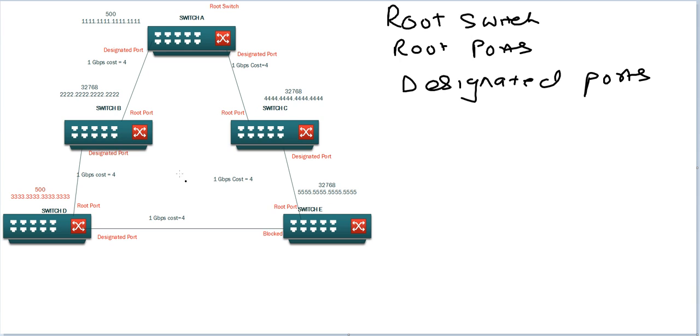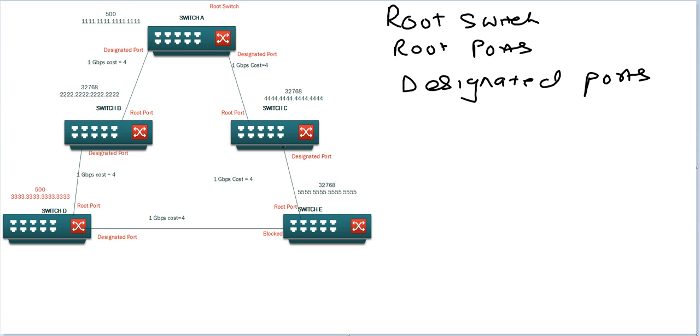The ports on switch D and E have already been identified as root ports, hence the ports on B and C will become the designated ports. So every segment will need one designated port.